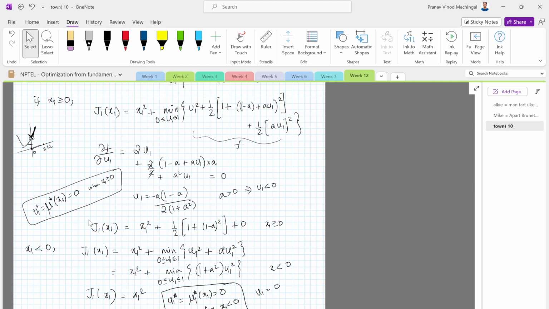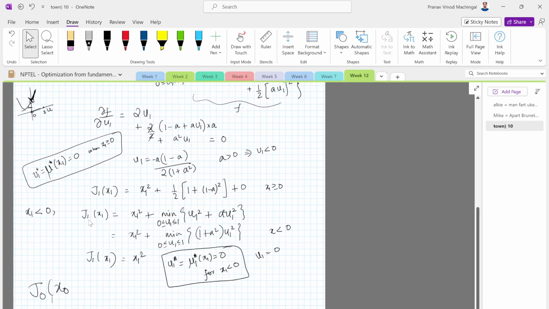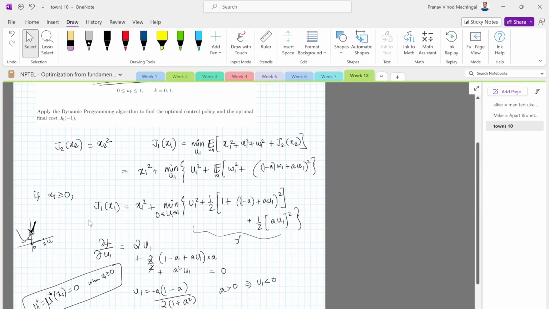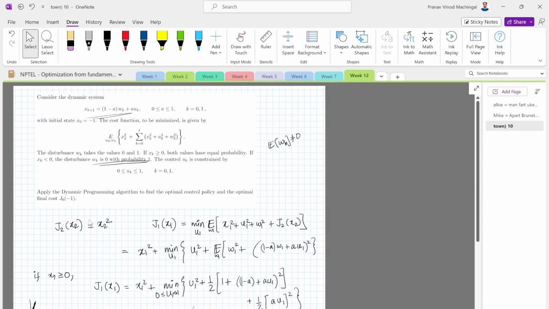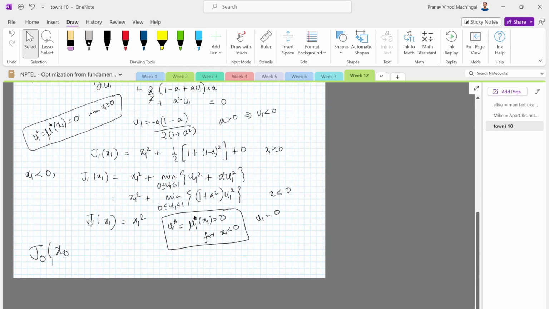Difference between u_i and u_i star. So u_i can be like any policy. u_i star is when you refer to the optimal policy. So here I was using this is u1 and this is mu.